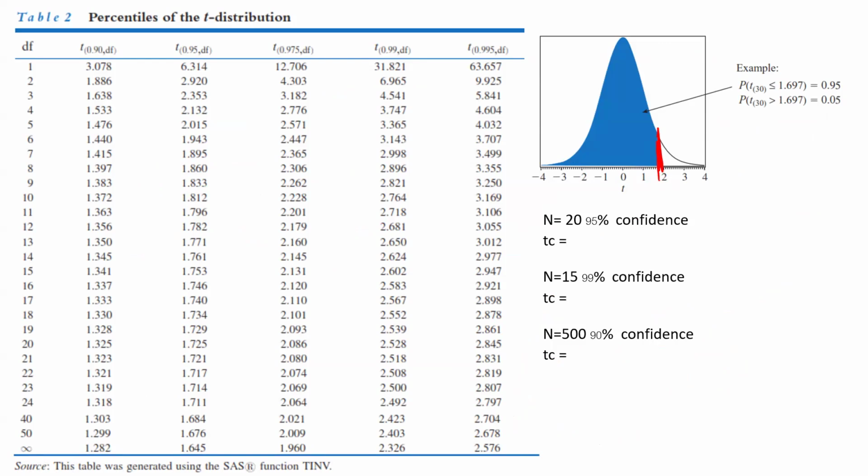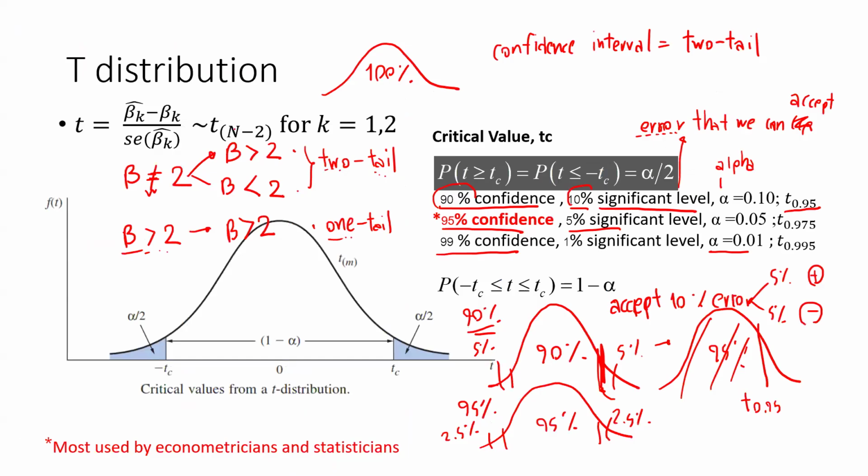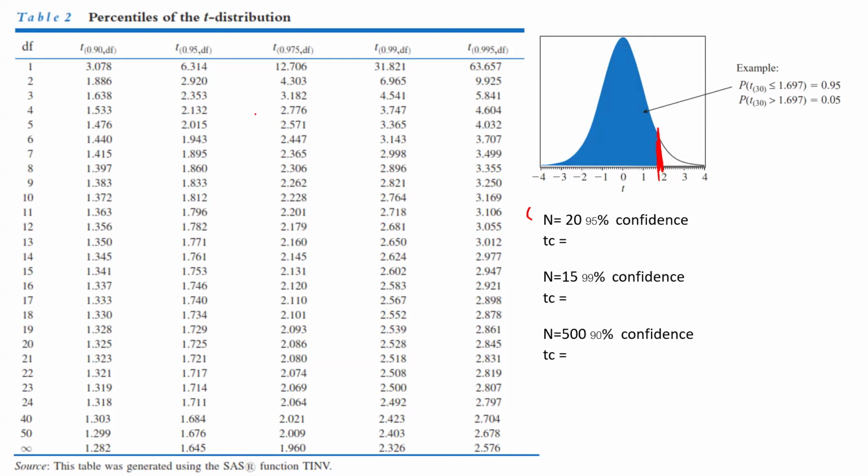Let's do it together. For example, to find the critical T for confidence interval, this is the number of observations, the number of samples, okay? And then we have to open T n minus 2. So 95% confident, 95% on the central, 2.5% on each side.